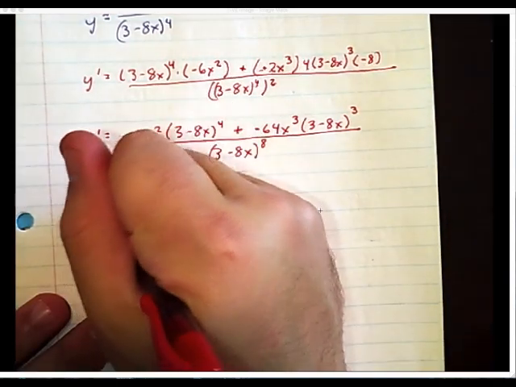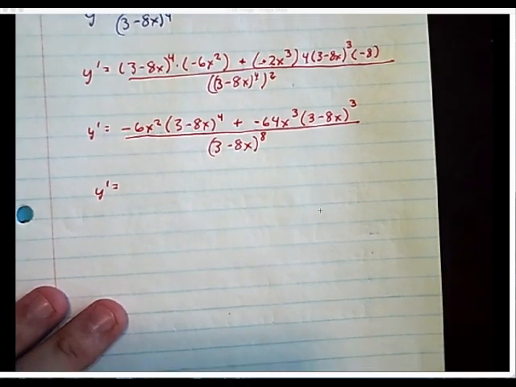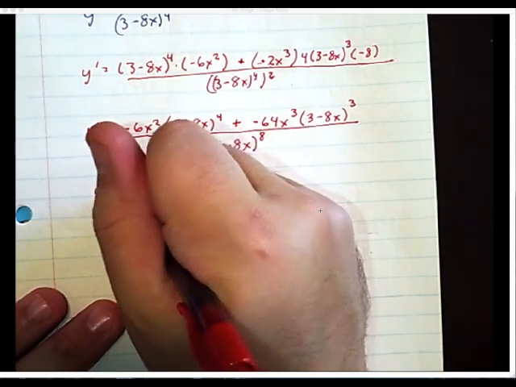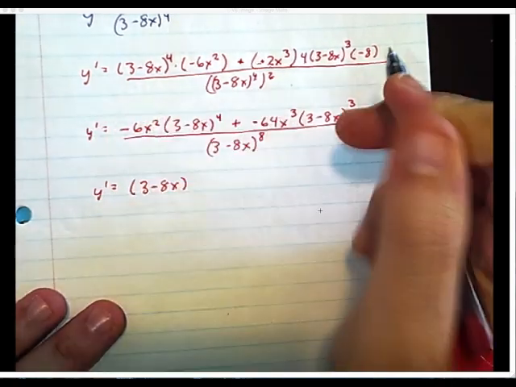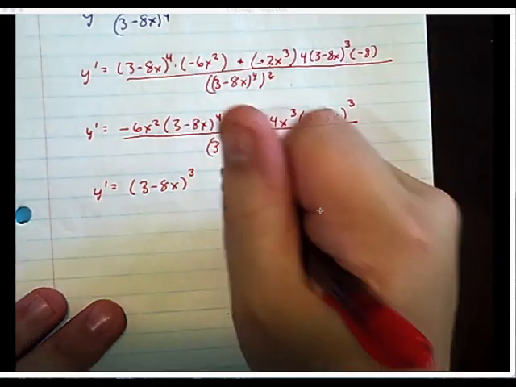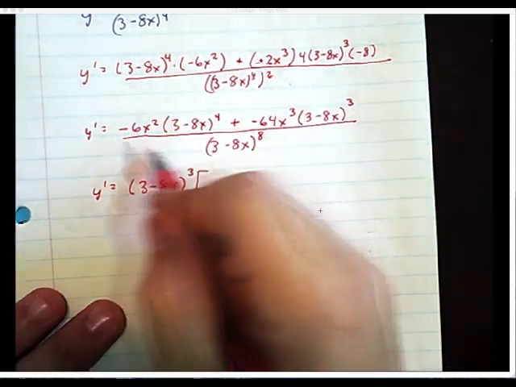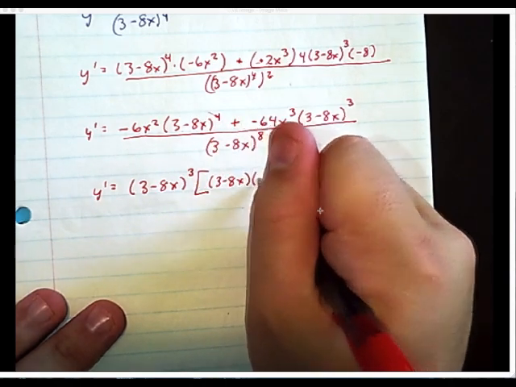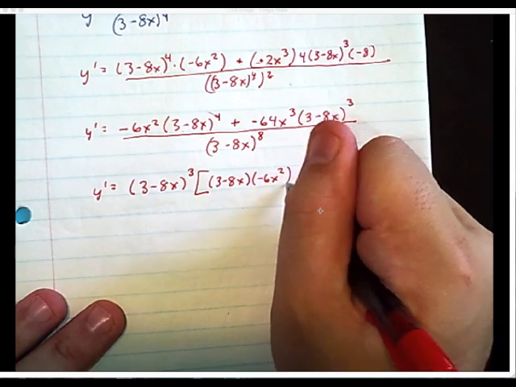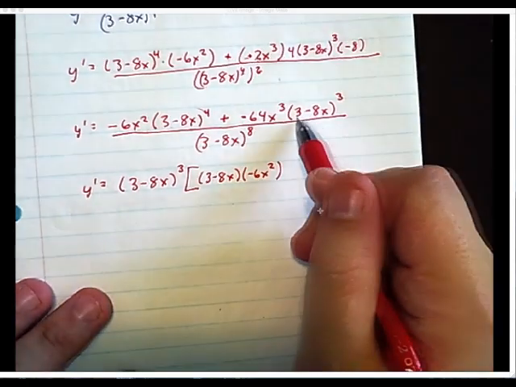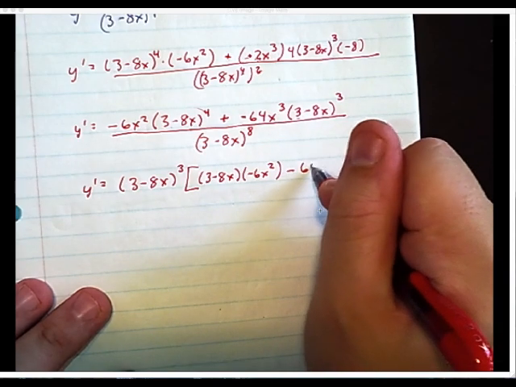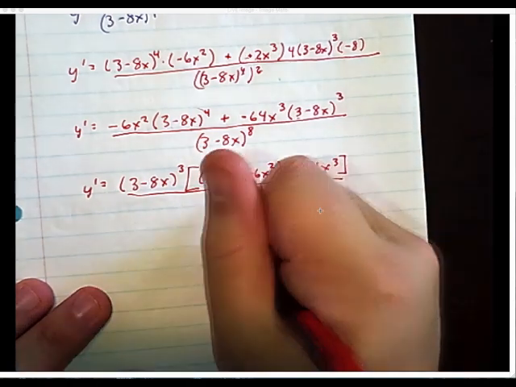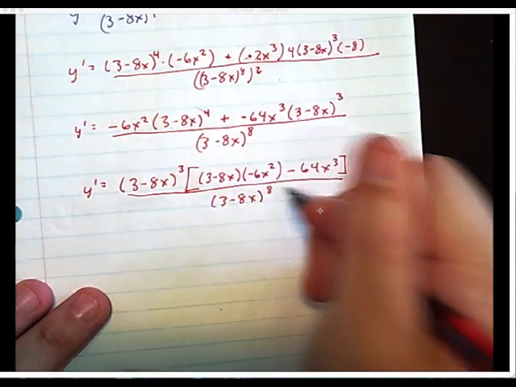So what can you do? The answers don't look like each other anymore. You could factor out a 3 minus 8x cubed from both. So if I factor out a 3 minus 8x, the lowest power that they both have is 3. So what do I still have left? I took out 3 of these things. I still have one of them left, 3 minus 8x, and I also have a negative 6x squared. I took all 3 of these out, so I still have a negative 64x cubed there. On the bottom, I have 3 minus 8x to the 8th.